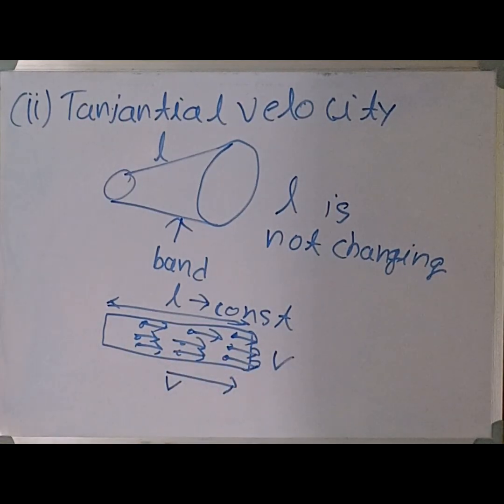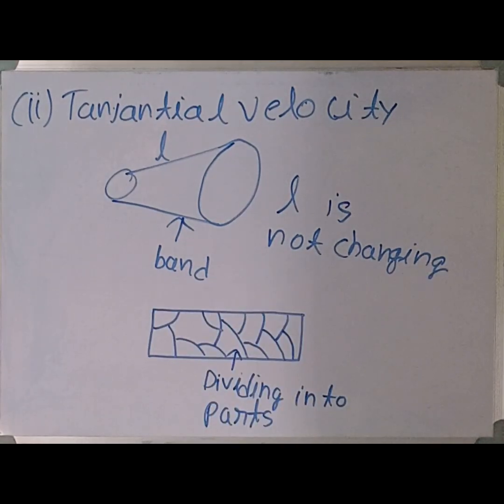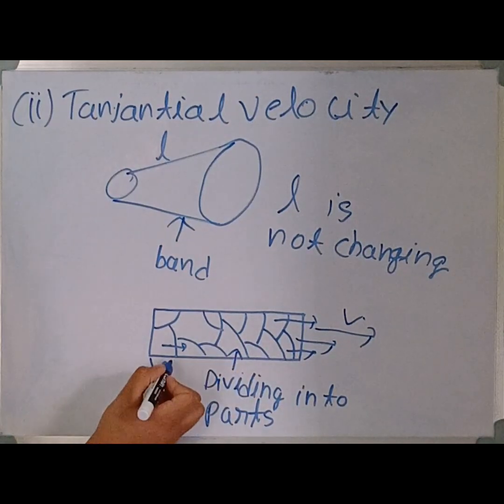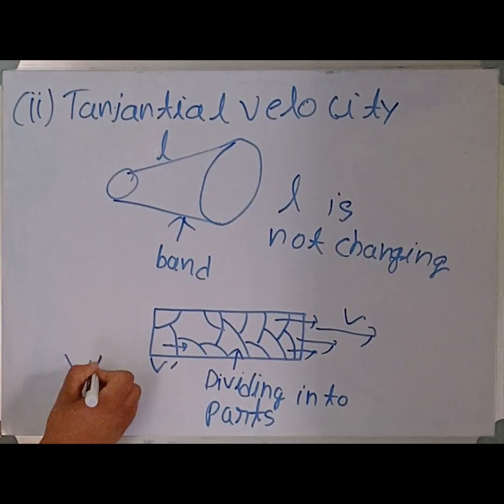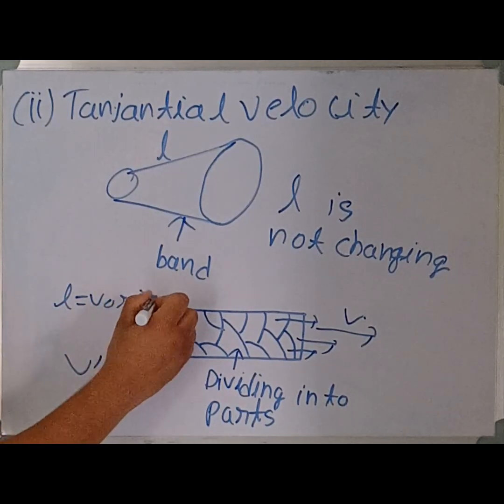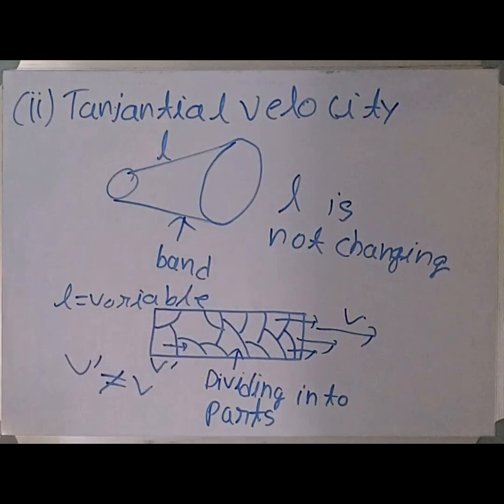Leave the direction aside, just think that they are all moving with the same velocity. Or you can also divide this body into different parts, and all those parts will move with the same velocity, so that the length will remain constant. Now if one part is moving with velocity v and another part is moving with velocity v dash, such that v dash is not equal to v, then the length will change. It's not that complex, it's a simple concept.